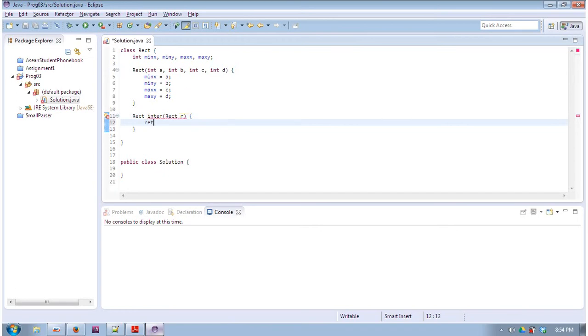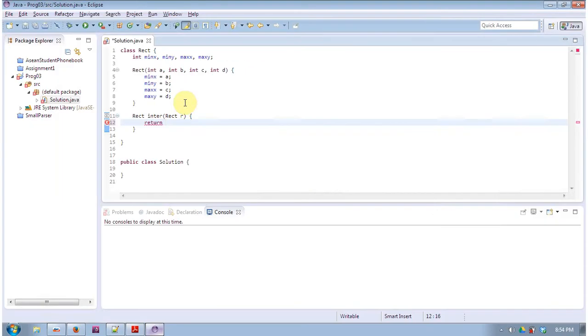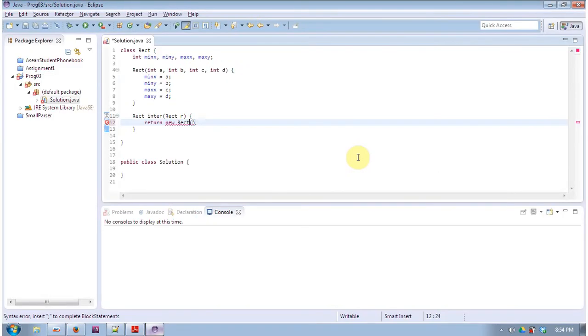Following this formula, we return a new rectangle. For the first parameter, we get the maximum of the x1 values. So we have the max of min x and r of min x.